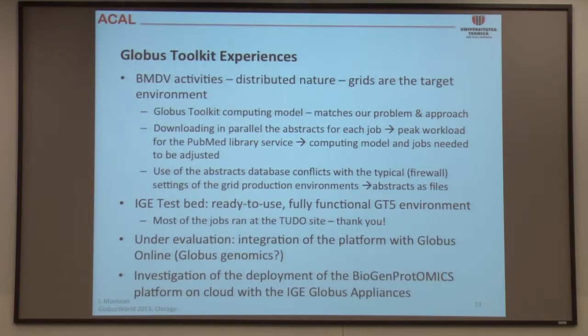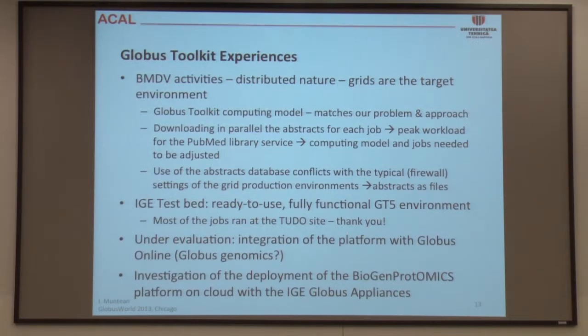All right, because of the typical grid environment, you often end up with firewall problems. For instance, if you want to access the abstracts from the worker nodes from the local database, you end up with firewall problems, and therefore they use Globus Online to overcome these problems, which is very cool.